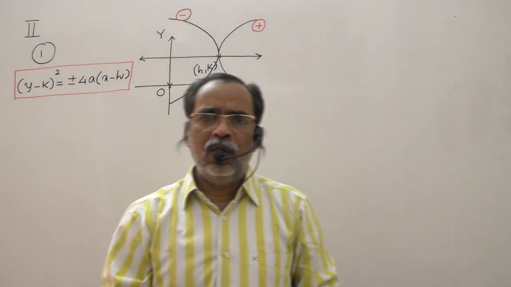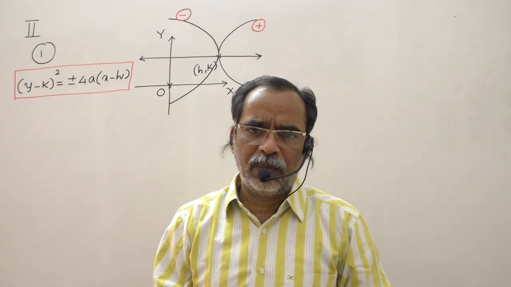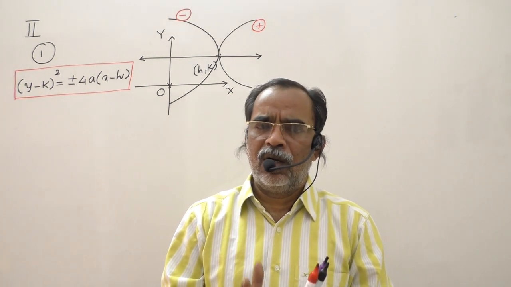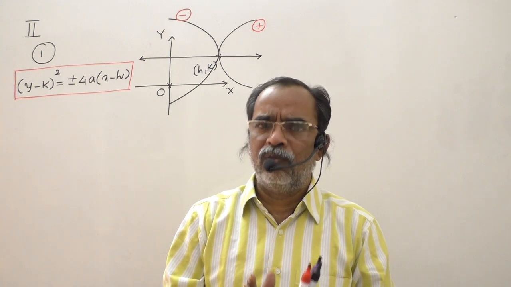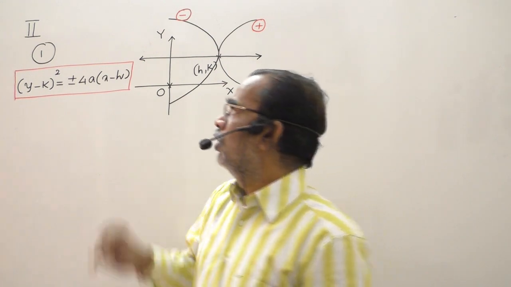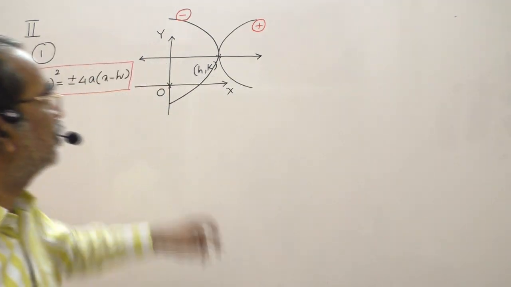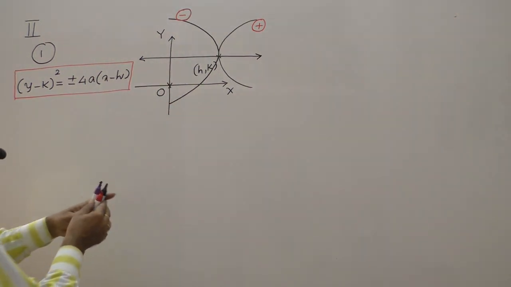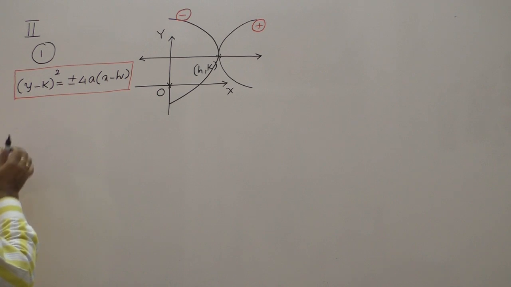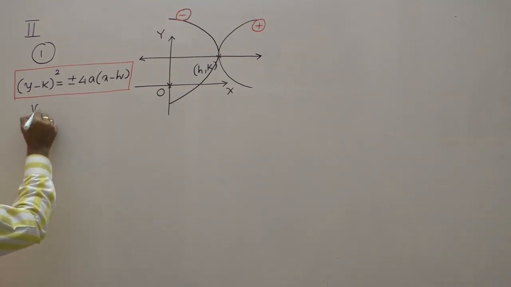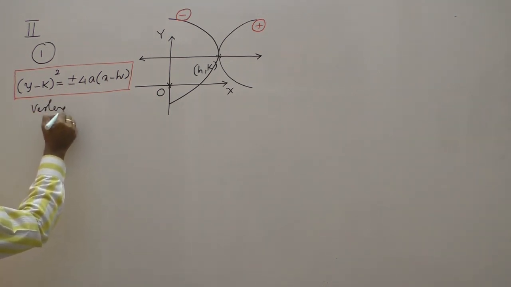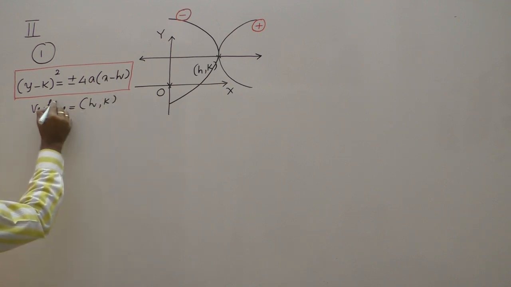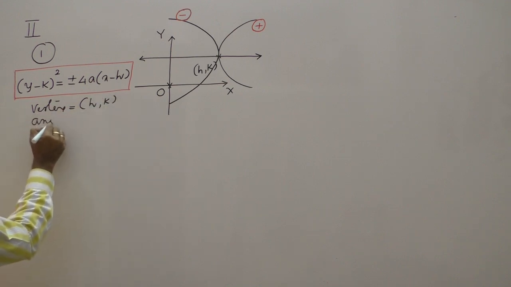In set 2, we will discuss about the parabolas whose axes are parallel to x-axis, parallel to y-axis. Right. What is first one? This is parabola whose vertex is h comma k. For this parabola, what is vertex? Vertex is h comma k. And what about axis?